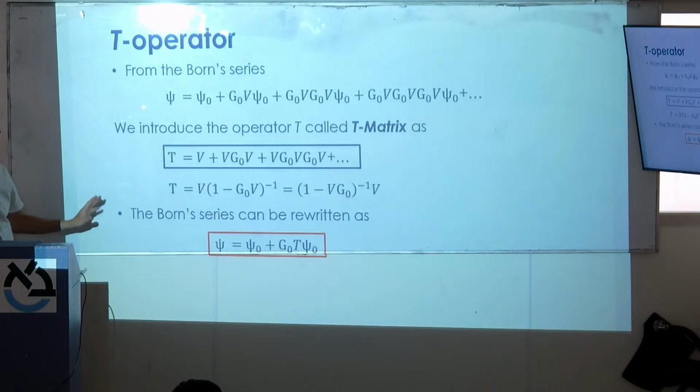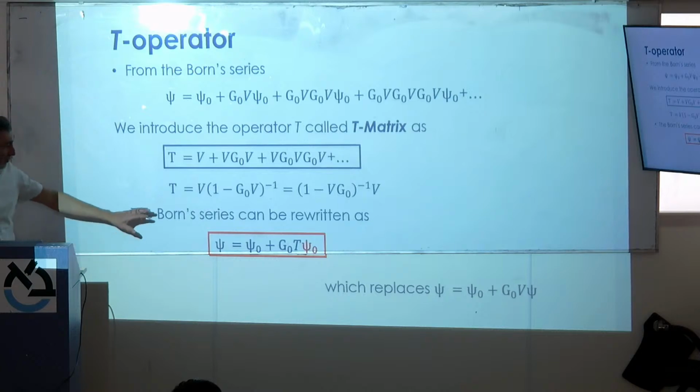But it's a practical way to write it, as we will see, because we are going to see how the different particles scatter light one after the other in this formalism. So actually this equation replaces the equation psi is psi 0 plus g0 v psi, with only psi 0 on the right side.